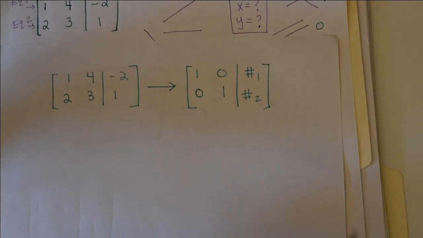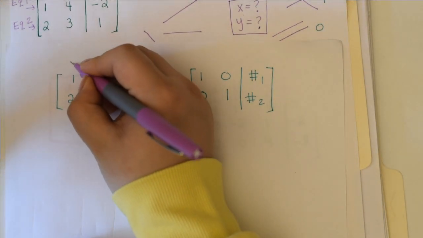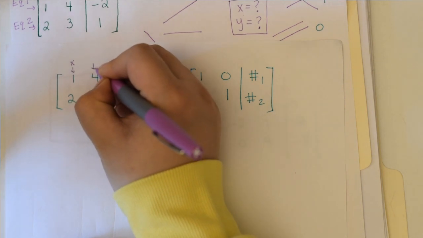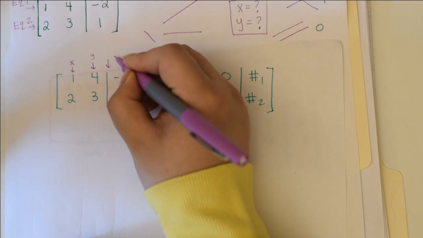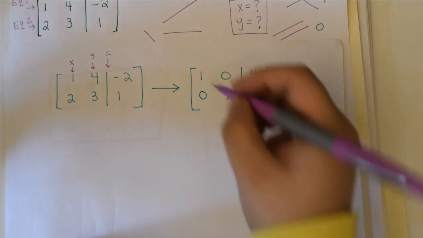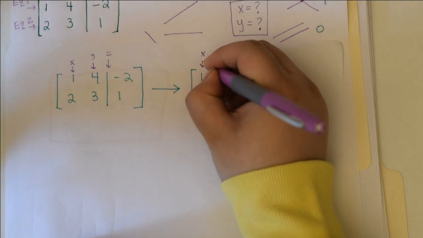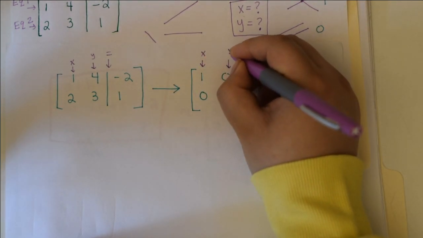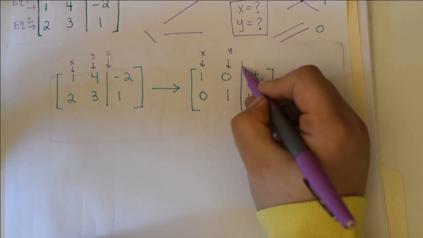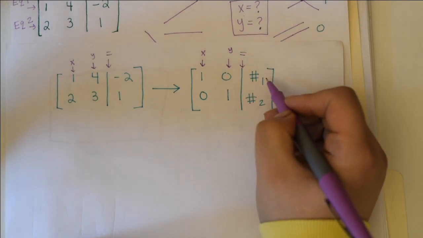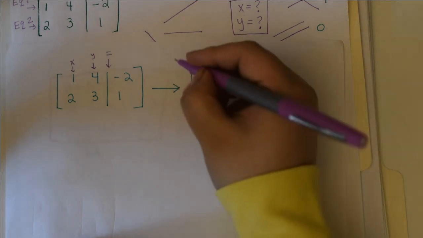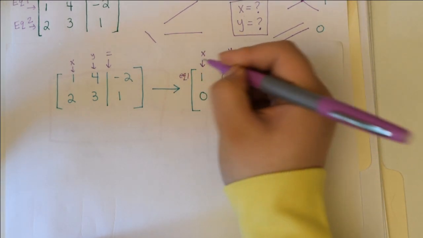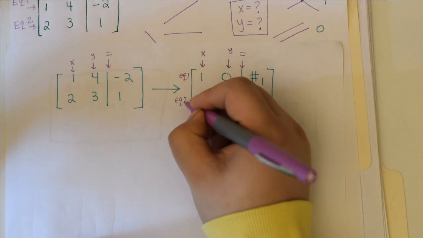Well, remember, if everything is lined up, we have x, y, and equals this, right? So we're going to keep that x, y, and then this line is equals, and then some number. And remember, this is equation 1 and equation 2.